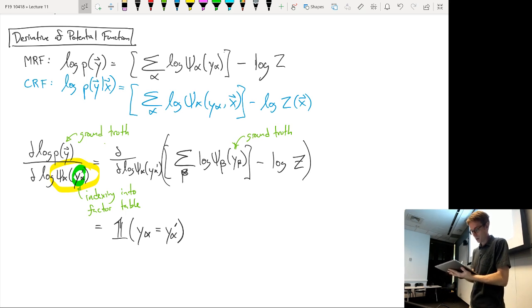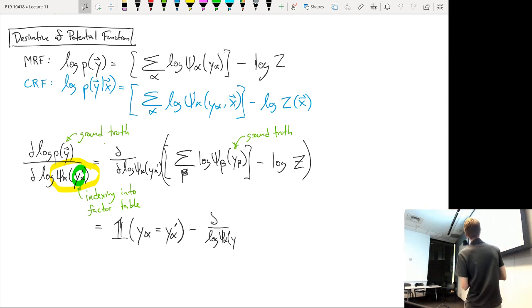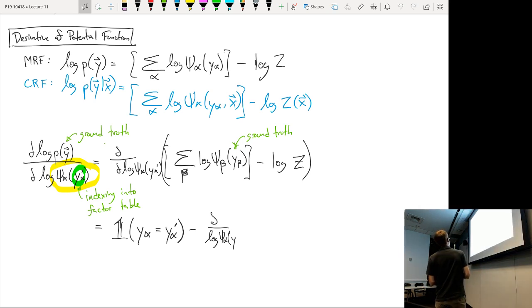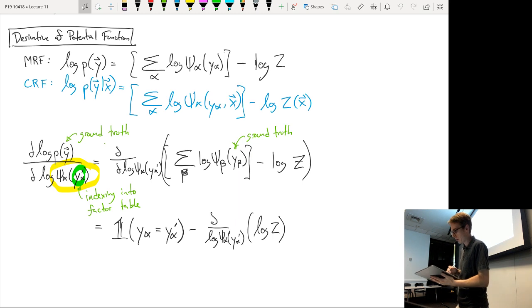Okay, so now, what do we need? We need the derivative with respect to this log psi alpha of y alpha prime of the log of the partition function. So to take the derivative with respect to the log of the partition function, we're going to run through a couple steps here. Actually, let's do something even simpler.